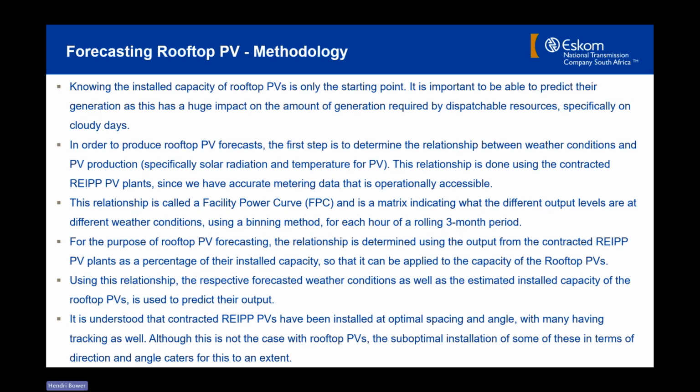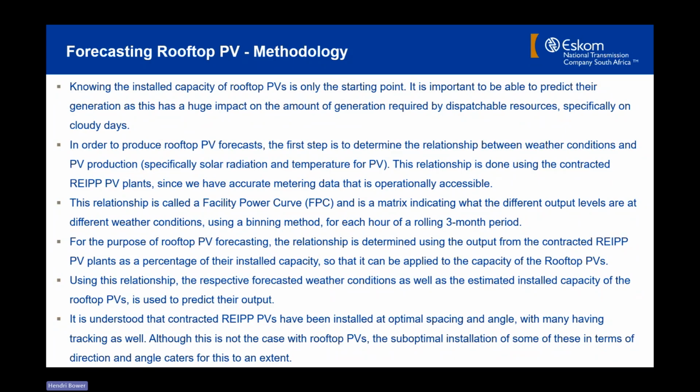But considering this, it is also clear, just by looking at what you see when you drive past a lot of the residential houses, and sometimes even at your commercial sectors, that the angle of a lot of these installations is not optimal. And sometimes even the direction of the panels is completely wrong. Some of them face south, some west, some east, which is suboptimal.